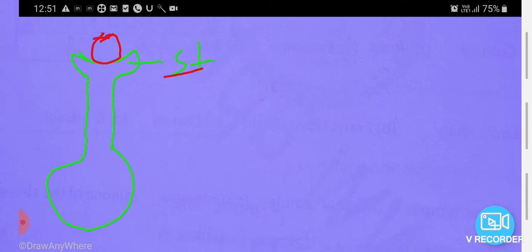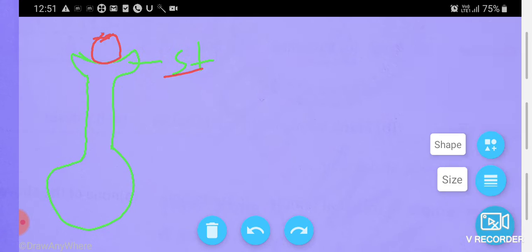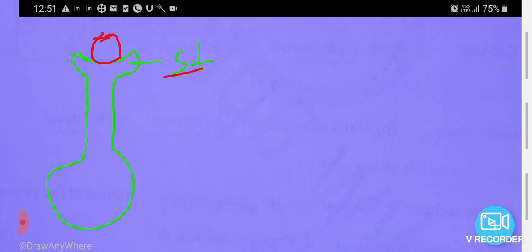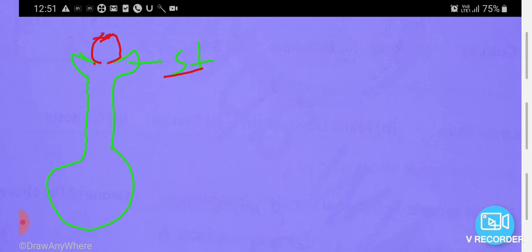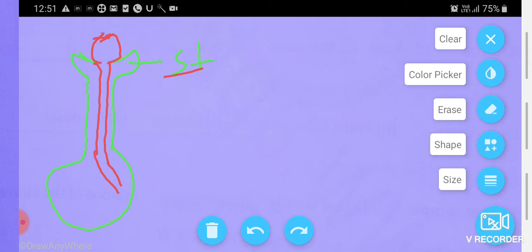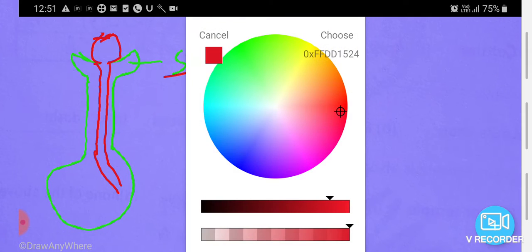And after recognition, if the pollen grain is compatible, this pollen grain germinates at the stigma and forms a pollen tube. The pollen tube grows in a downward direction and reaches the ovule.